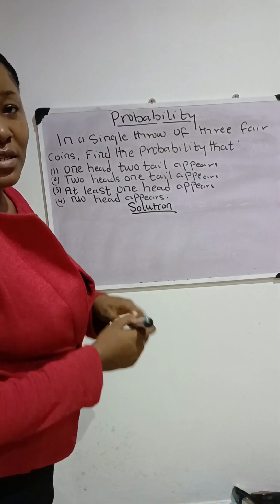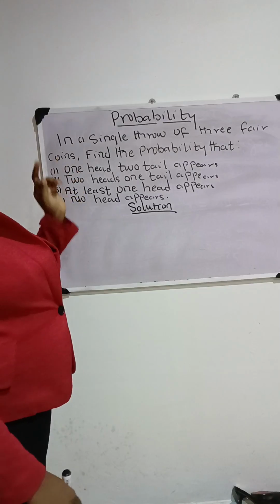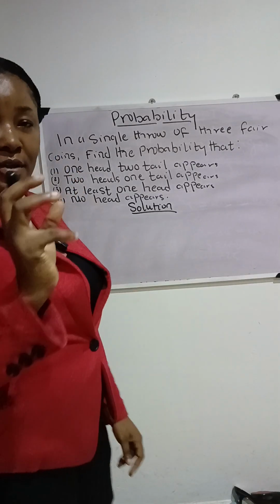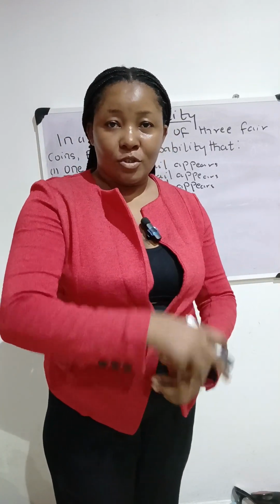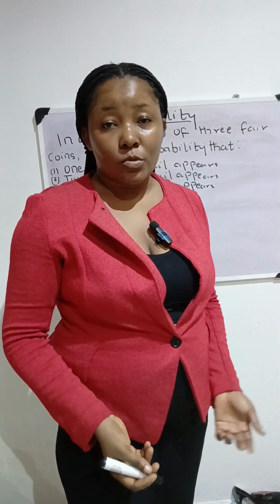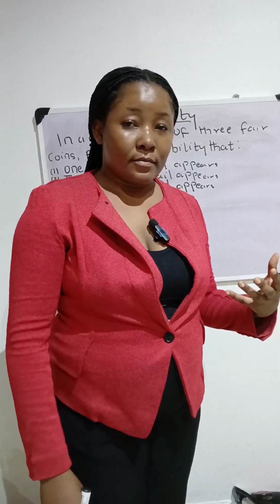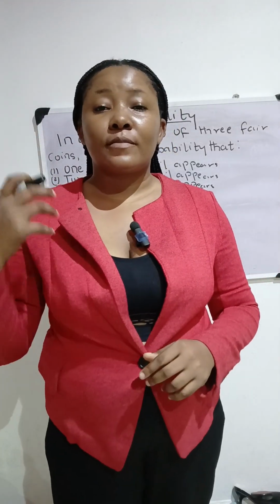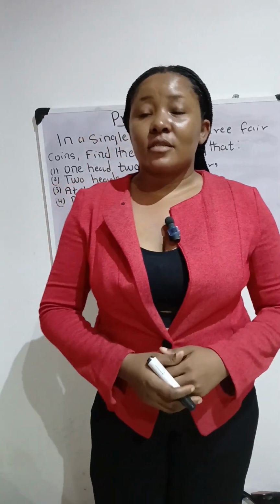So the question says that in a single throw of three fair coins, we have three coins. Remember, a coin has a head and a tail. So when we throw it, there are possibilities that the head will come up or a tail will come up. So when we have the three of them and we throw them, that is a random experiment. The first thing we do when we are solving problems in probability like this is generate what is called the sample space.